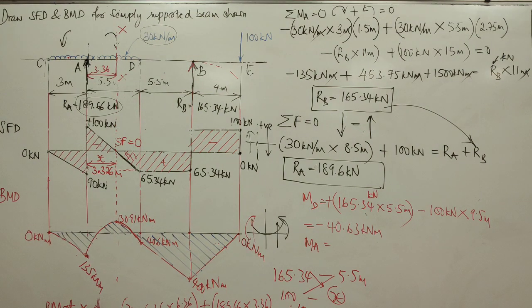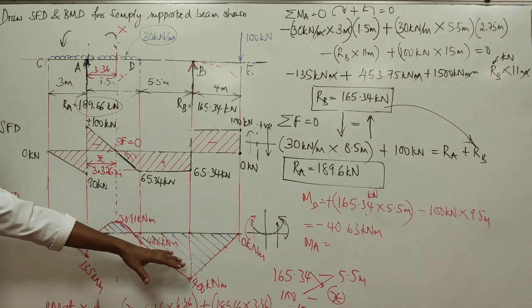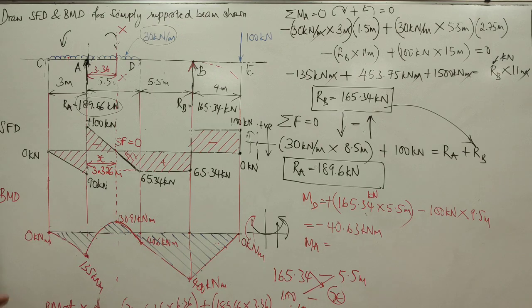Now, you know what is contraflexure, no? Opposite flexing. Bending moment, if it is going from minus to plus, it is contraflexure. It is changing the direction of bending.